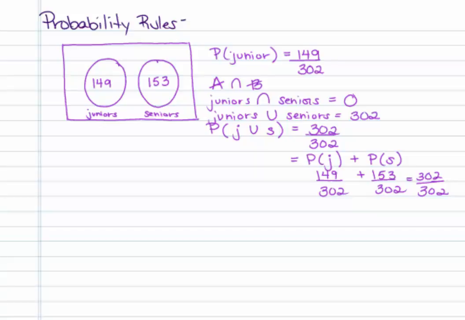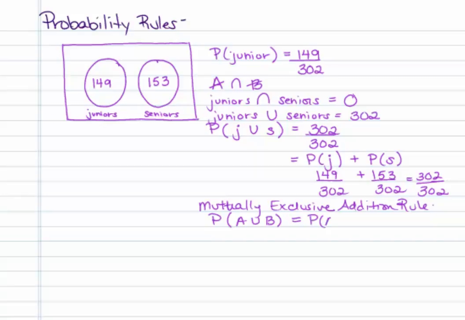For mutually exclusive events like this, the addition rule is, if you're taking A or B, the probability of A or B, you just add the probability of A and the probability of B together to get them combined.